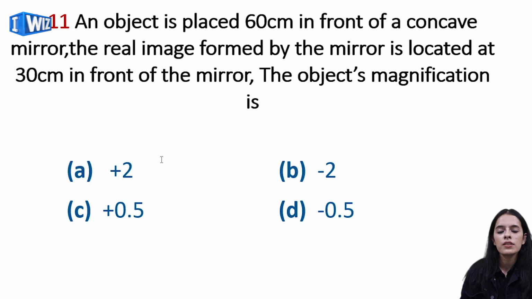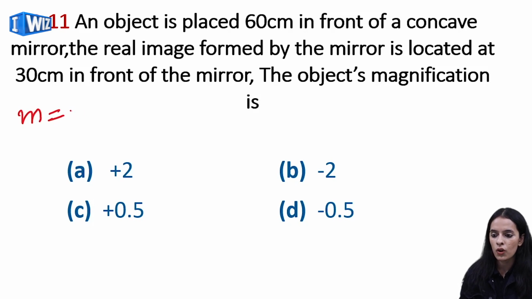An object is placed 60 centimeter in front of a concave mirror. The real image formed by the mirror is located at 30 centimeter in front of the mirror. So what is the object's magnification? There are two formulas for magnification in case of a mirror.